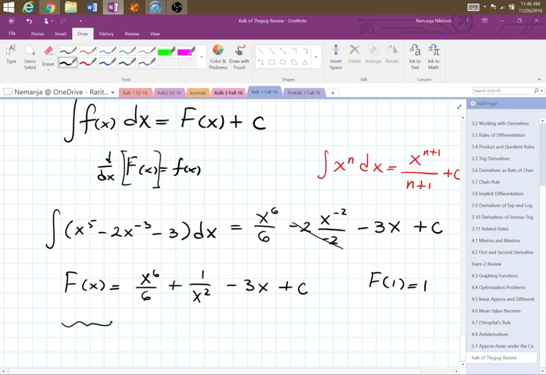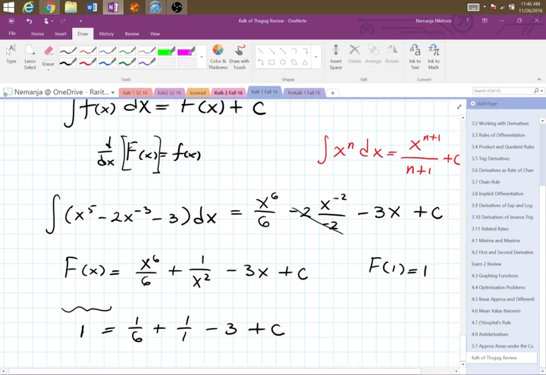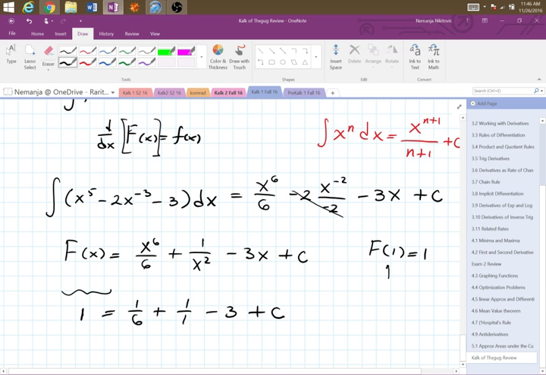So f is replaced by 1, and every x we plug in 1, so 1 over 6 plus 1 over 1 minus 3 plus c. So guys, this is your x, and this is the f. It's just a notation for a point. It's 1, 1, a point in the xy plane.